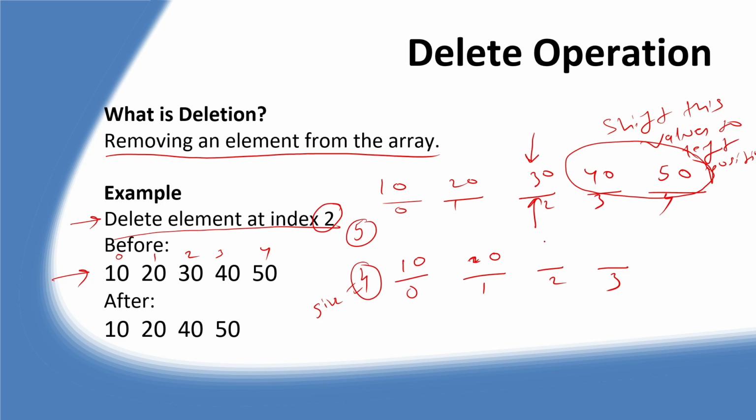So 40 will come here, shifted by one place, and 50 will come here. So we shift 40 and 50 to the left. At index 2 we will have 40 and at index 3 it will be 50. So the value 30 is deleted, and we have the size of the array as 4.